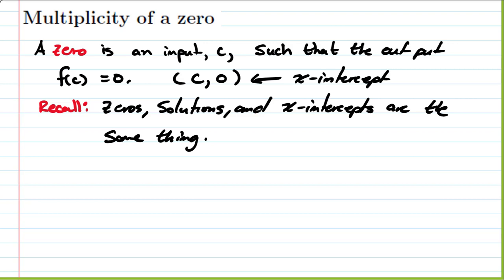But now we want to talk about another modifier for zeros, which is their multiplicity.